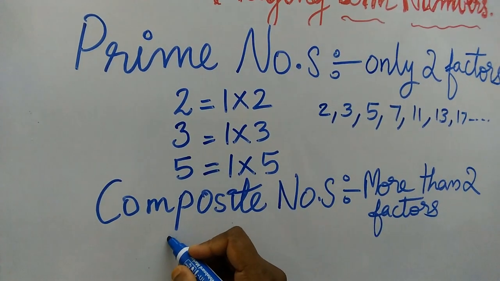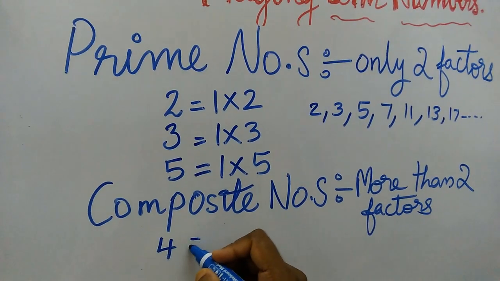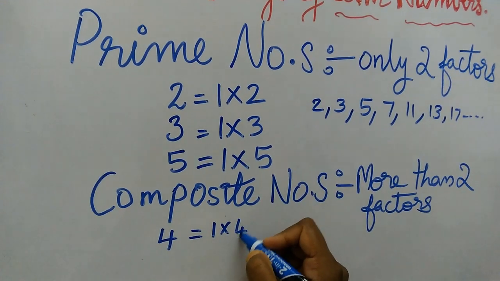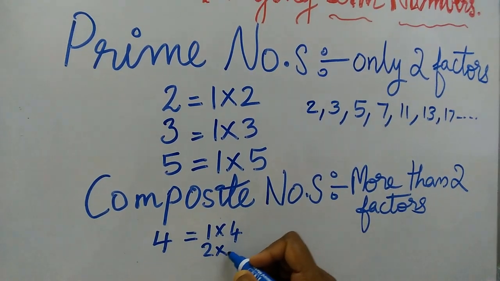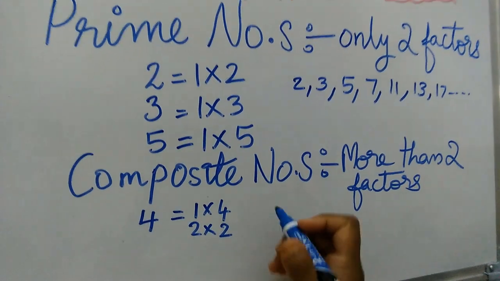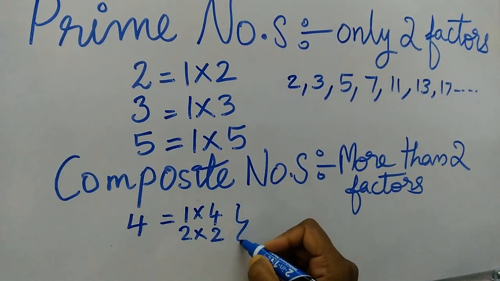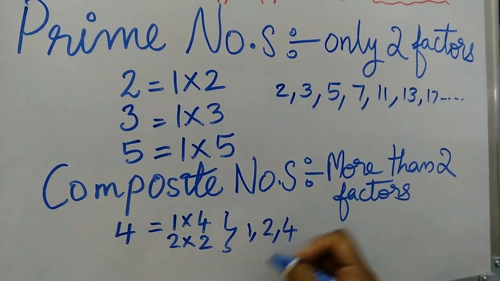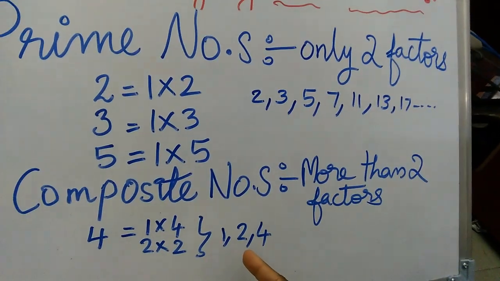For example, 4. 4 we can write as 1 into 4, 2 into 2. So the factors are 1, 2, 4. That is more than 2.